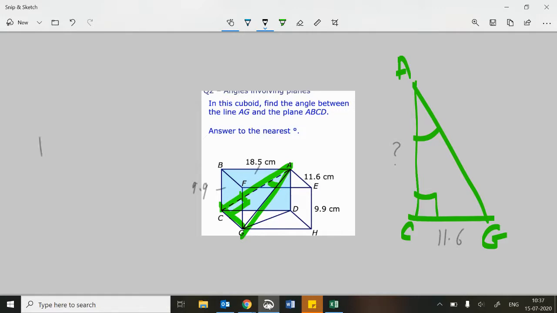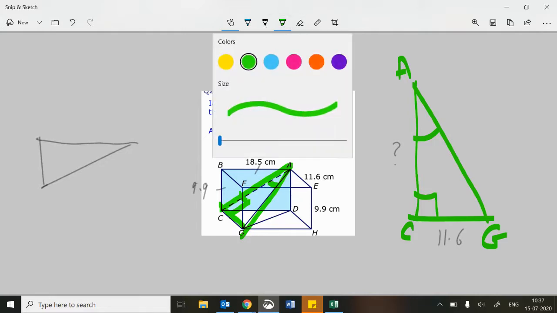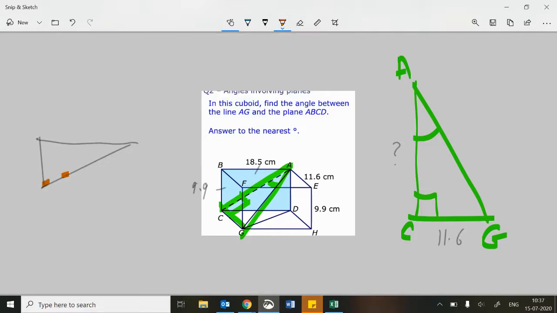What we're basically looking for is this dotted line. This dotted line is the same as this dotted line here, which is the same as this height here. Now I'm drawing out this right-angled triangle. This is B, C, A, and you can work out that dotted line by using Pythagoras with 9.9 and 11.5 to work out the longest length of the triangle.